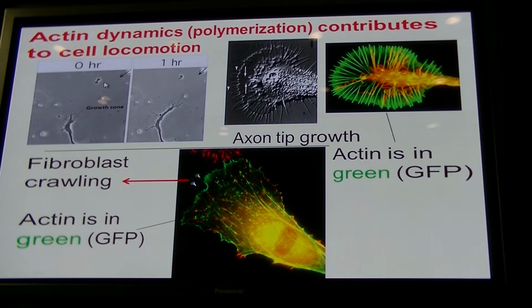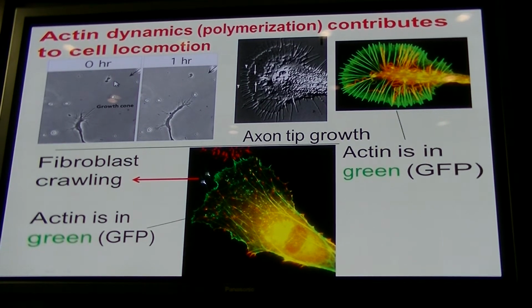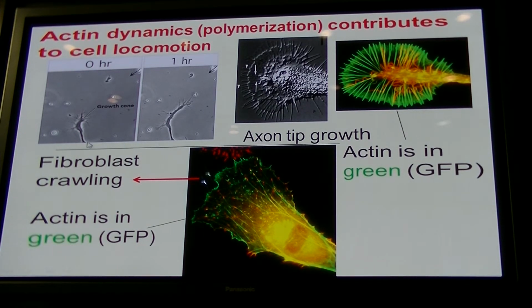So actin serves a lot of roles, but one role is the motility of cells. And you can see this, for instance, for the growth of a neuron. We have a neuron here. This is a time-lapse, light microscopy picture. It's just phase contrast, and we see here a neuron. Shoot a picture a little bit later, it has grown. That growth of that axon is due to actin.